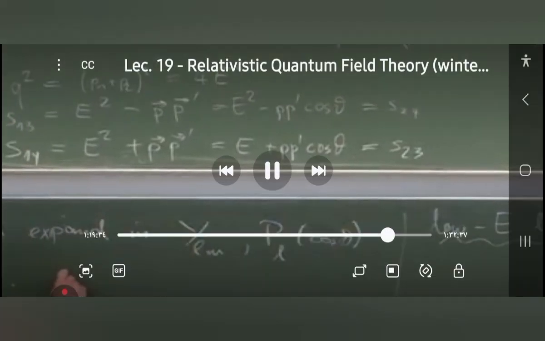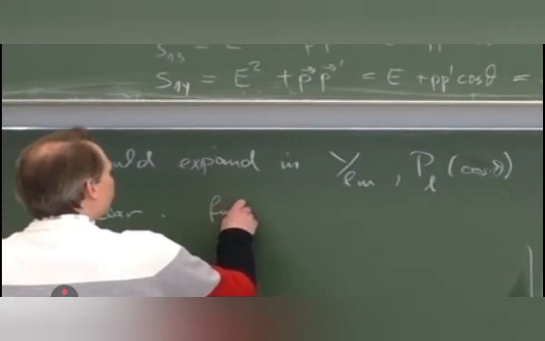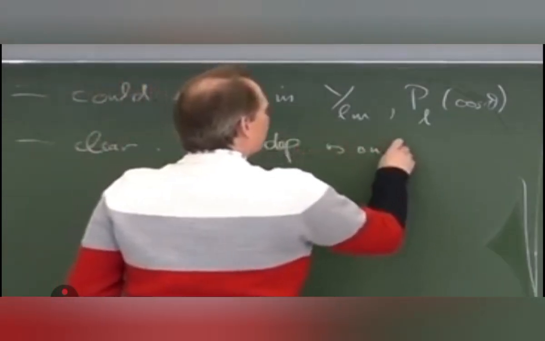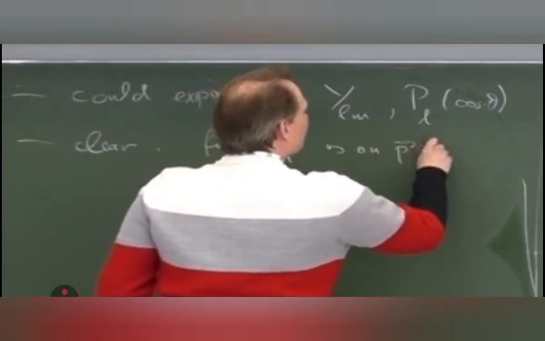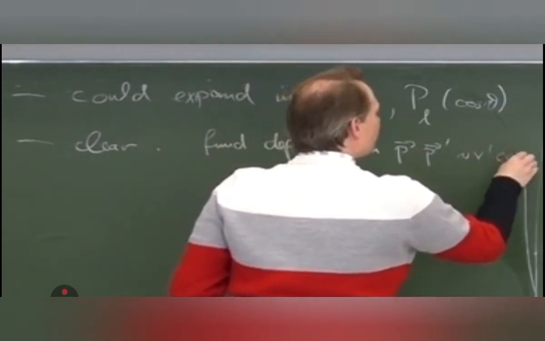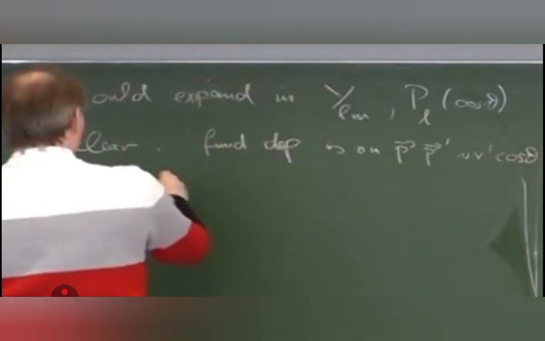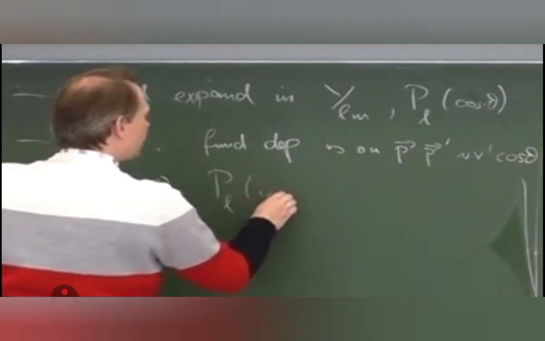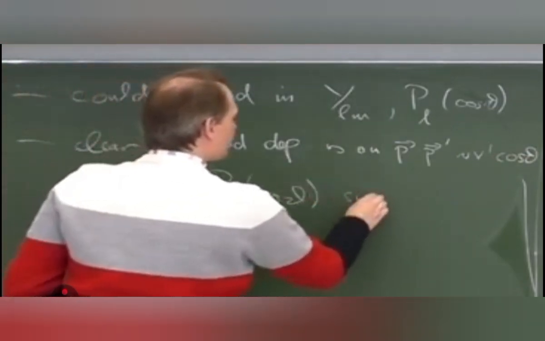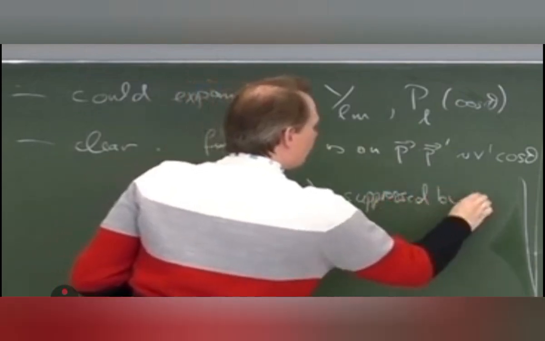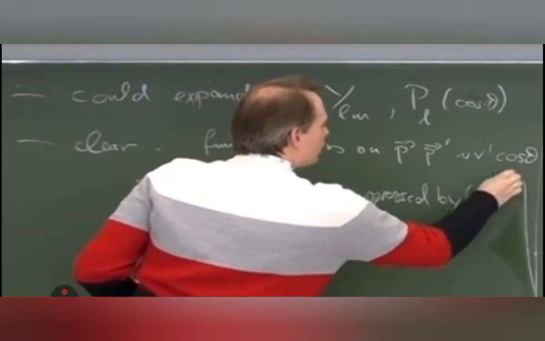The fundamental dependence is on p dot p prime, which is then proportional to v prime times cosine theta. Therefore, PL cosine theta is suppressed by v prime to the power n in general.